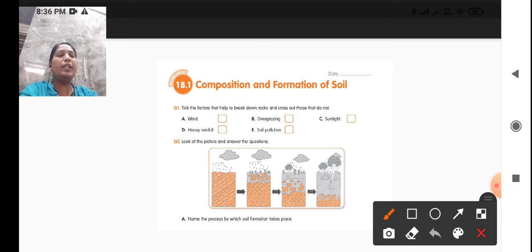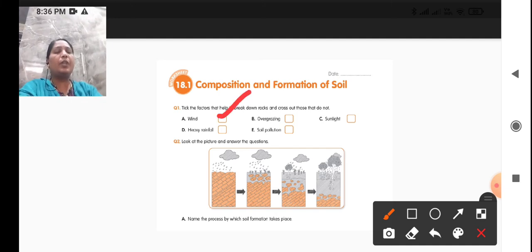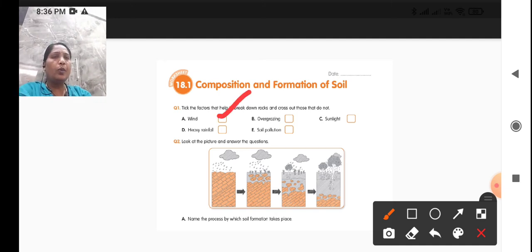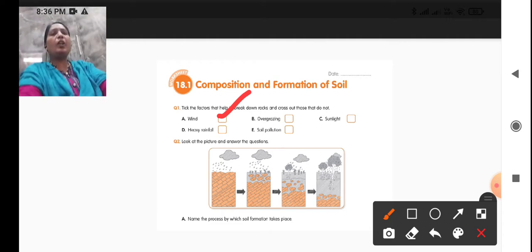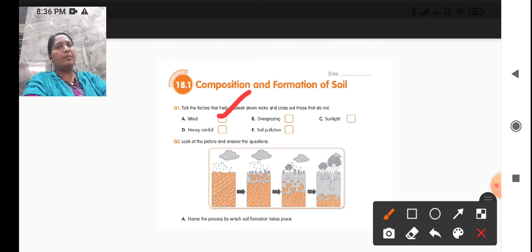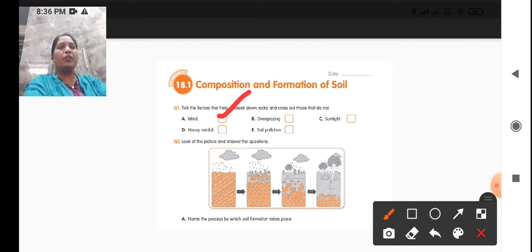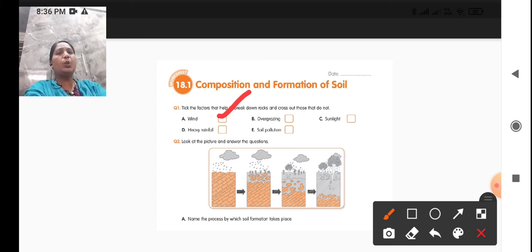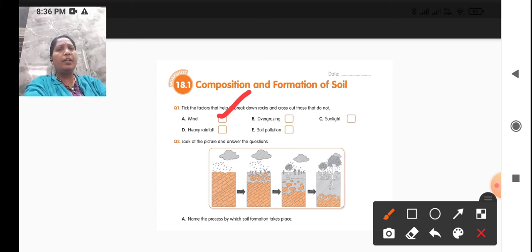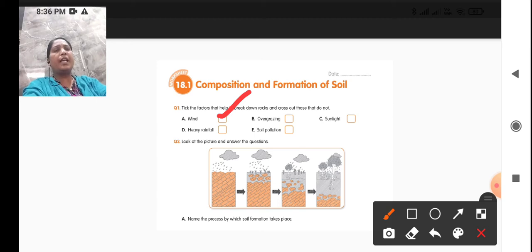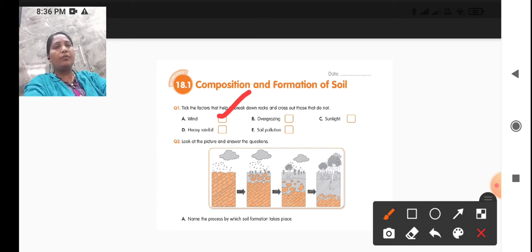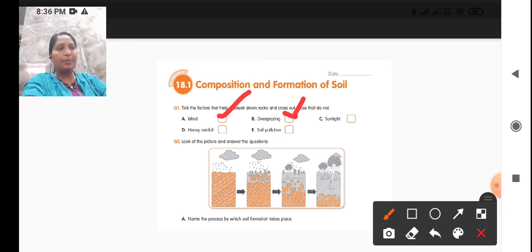Is it the wind? Yes, definitely. Just now we discussed it, so you can take the wind. Overgrazing? In a small area, when a number of animals come for eating, that's called overgrazing. Definitely, due to the force of the animals, the weathering process can sometimes take place.